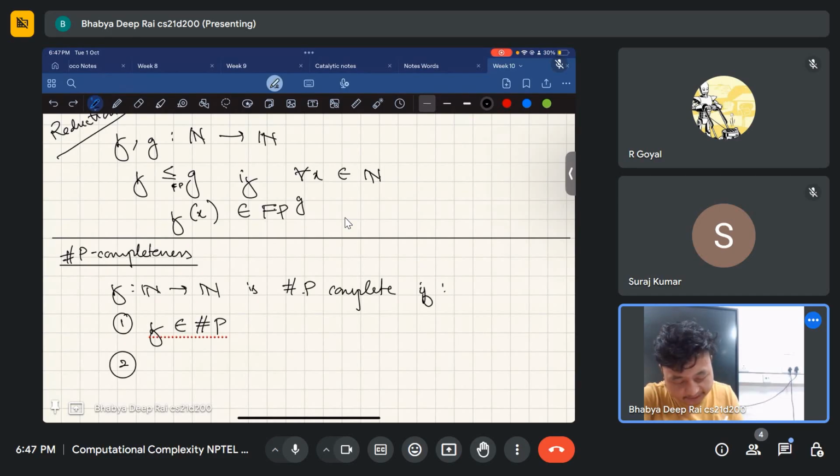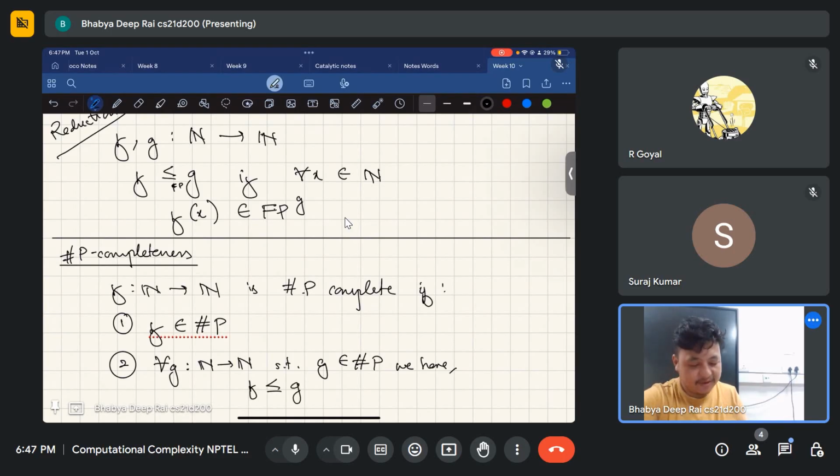For all g such that g is in fp, sharp p, we have fp reduces to g.